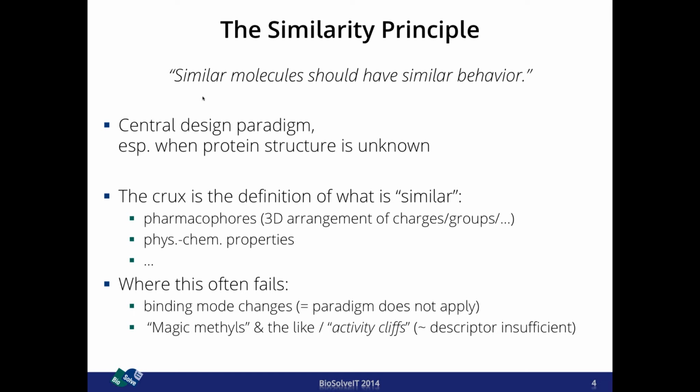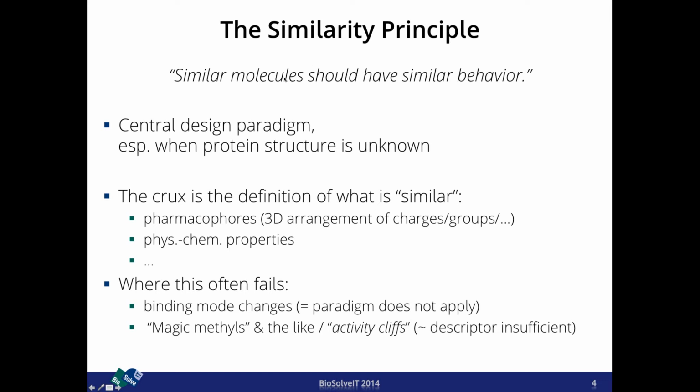Well, mostly something like pharmacophores are assumed, at least in the 3D world, when it comes to molecular similarity, which means some kind of a three-dimensional arrangement of charges, functional groups, certain distributions of electrons, and so on and so forth. Also physical-chemical properties can come into play here.